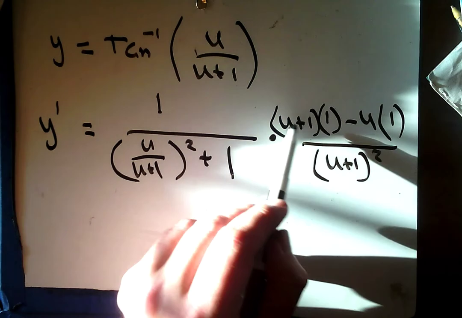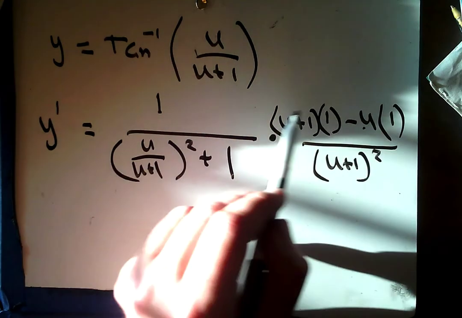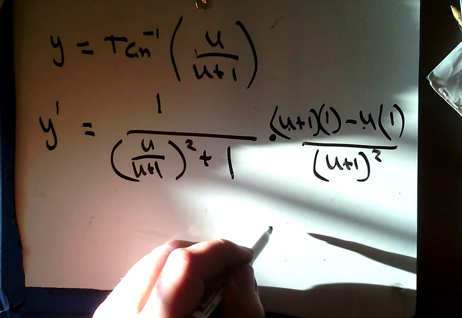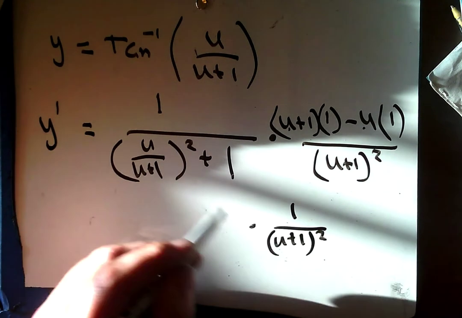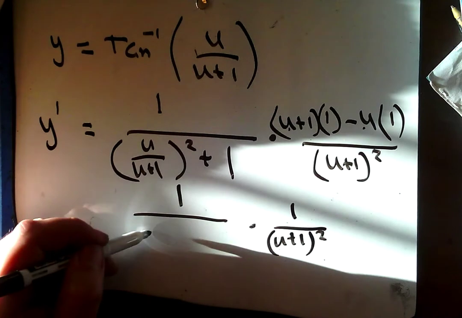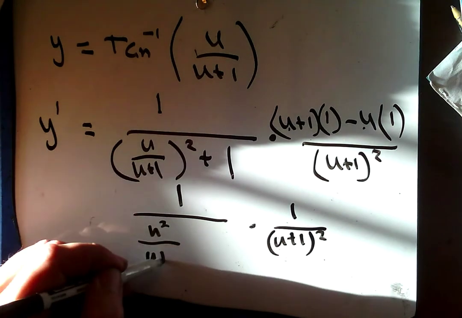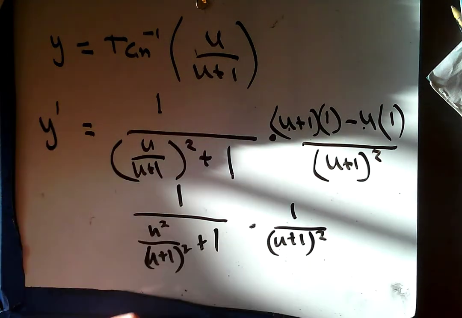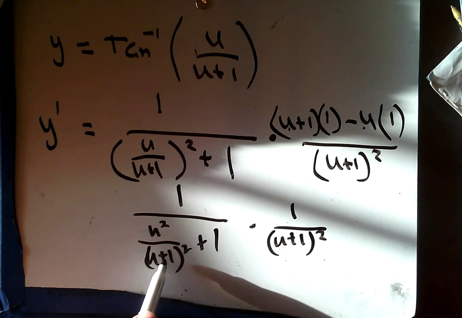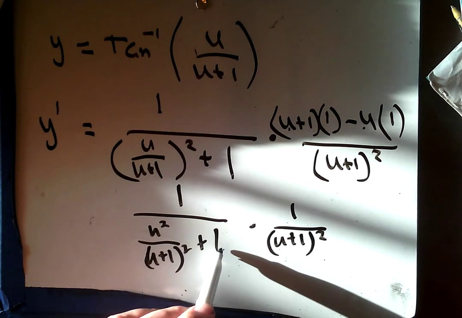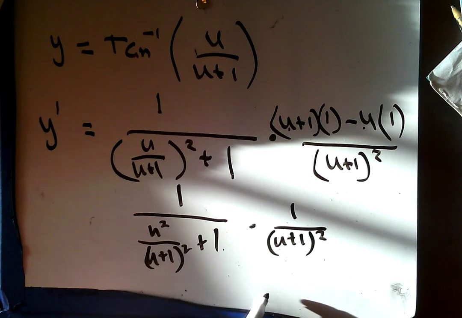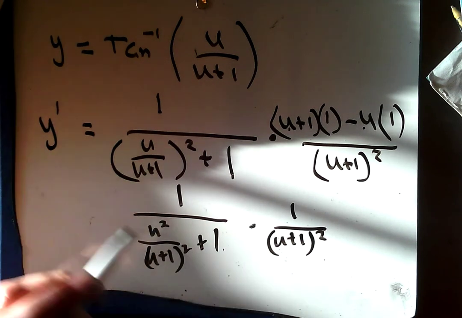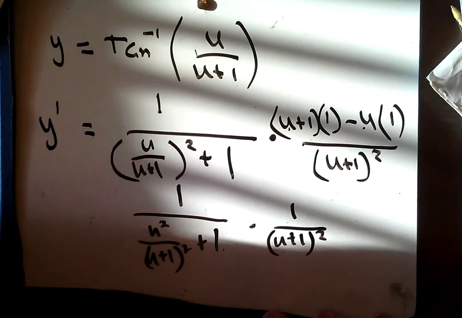Now it looks here like this positive u and this negative u are going to cancel, so I'm just going to have 1 over u plus 1 squared times, over here, I've got 1 over u squared, u plus 1 squared plus 1. I can't cancel this with that unless I make a common denominator here first, which is going to be u plus 1 squared over u plus 1 squared, and I'm sorry, I'm not feeling it. If you want, you can go further with that one, but I'm not going to.